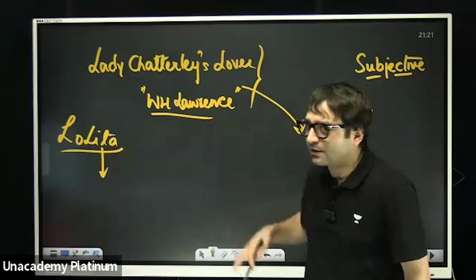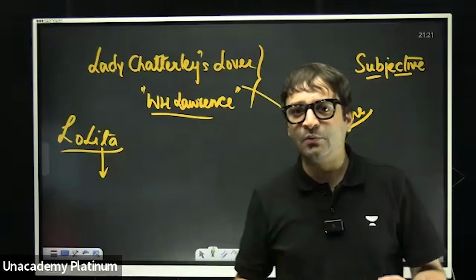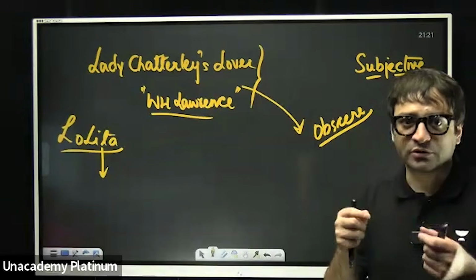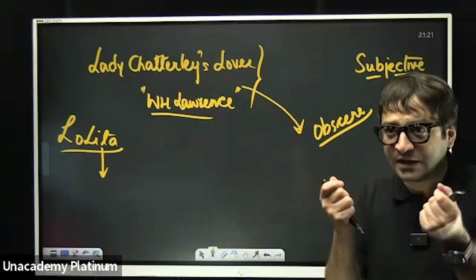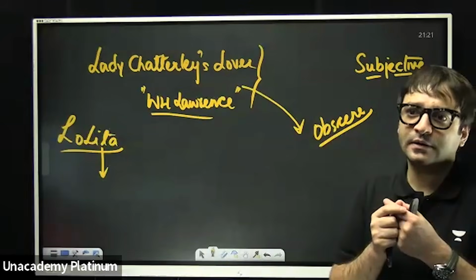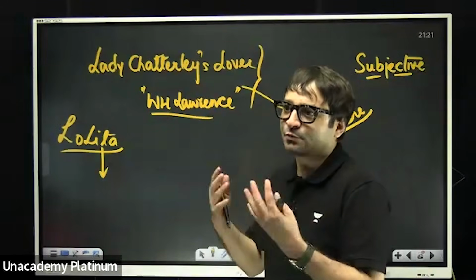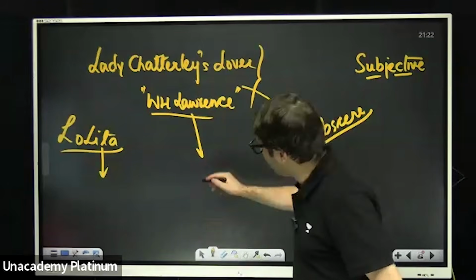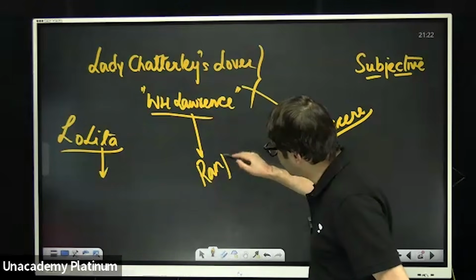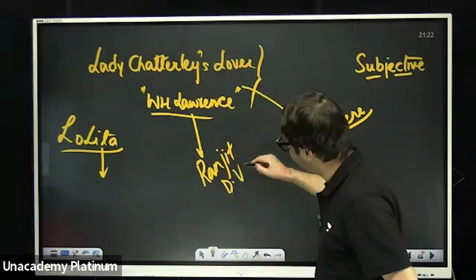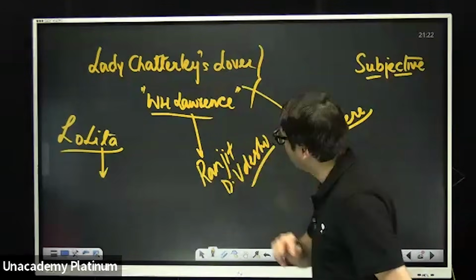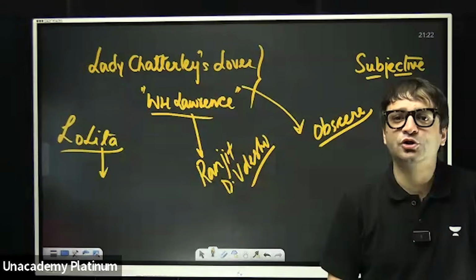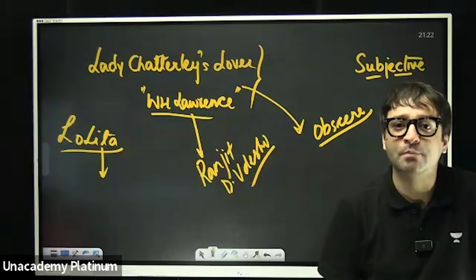Similarly, in Lady Chatterley's Lover, the man is allowing his wife to have sexual relationships with others. And those sexual relationships with others are graphically displayed in this novel. And when this novel was brought to India, it was banned. Even then, one distributor of Maharashtra, Ranjit D. Udeshi, he was arrested, charged, because you are violating the laws of obscenity.